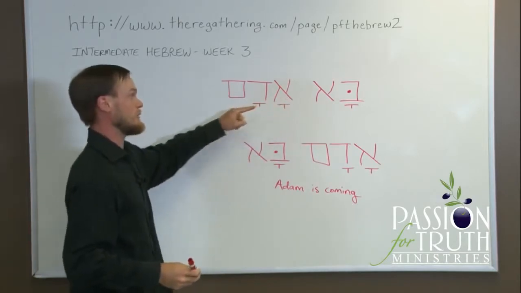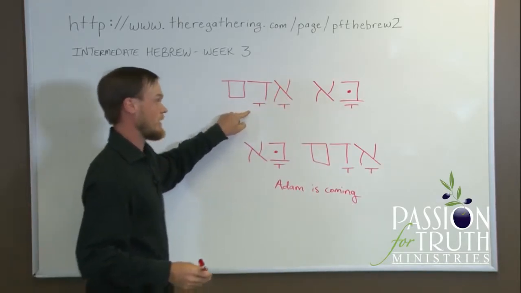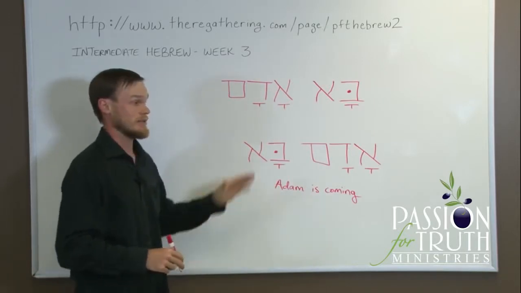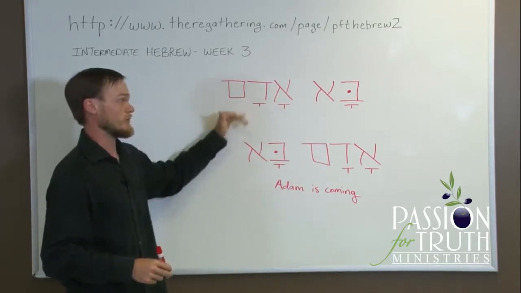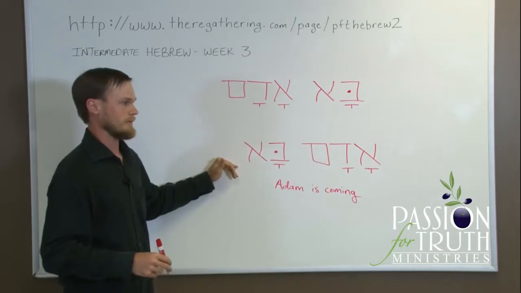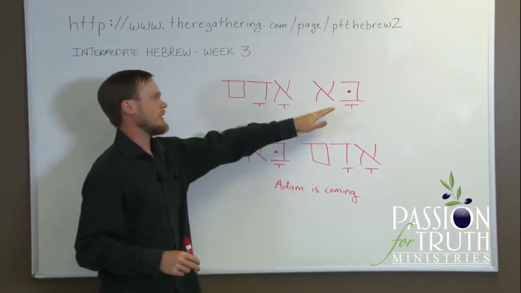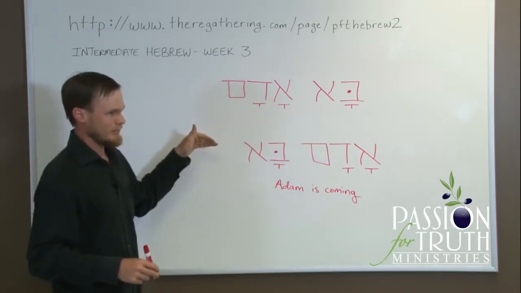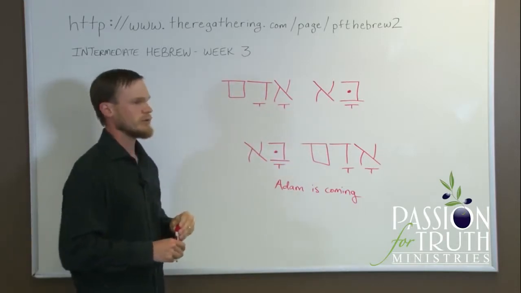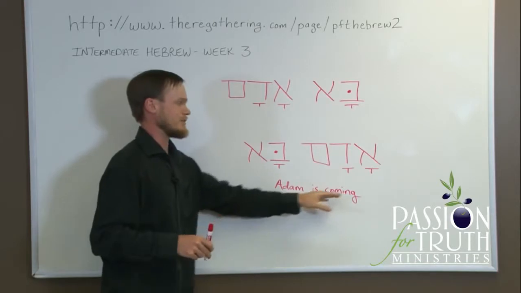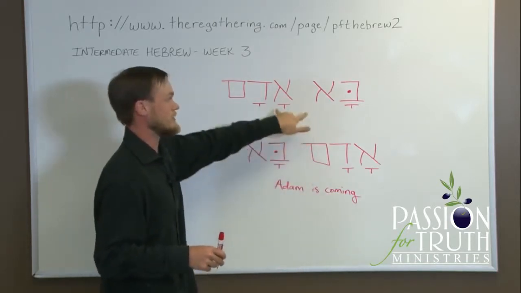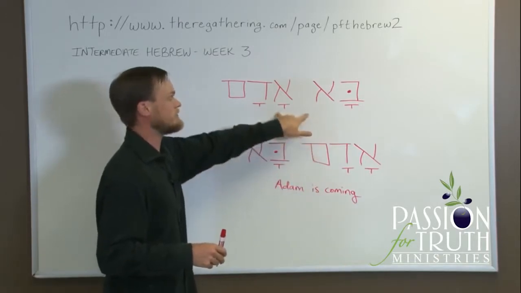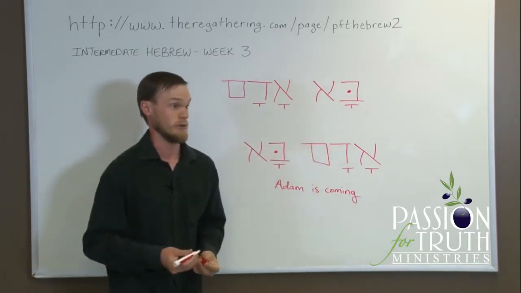Yes, verb followed by subject. We would translate this the same way into English regardless of the order. Even though the order in which we're saying this is coming is Adam, when we translate into English, we still say Adam is coming because the meanings of these two sentences are identical.